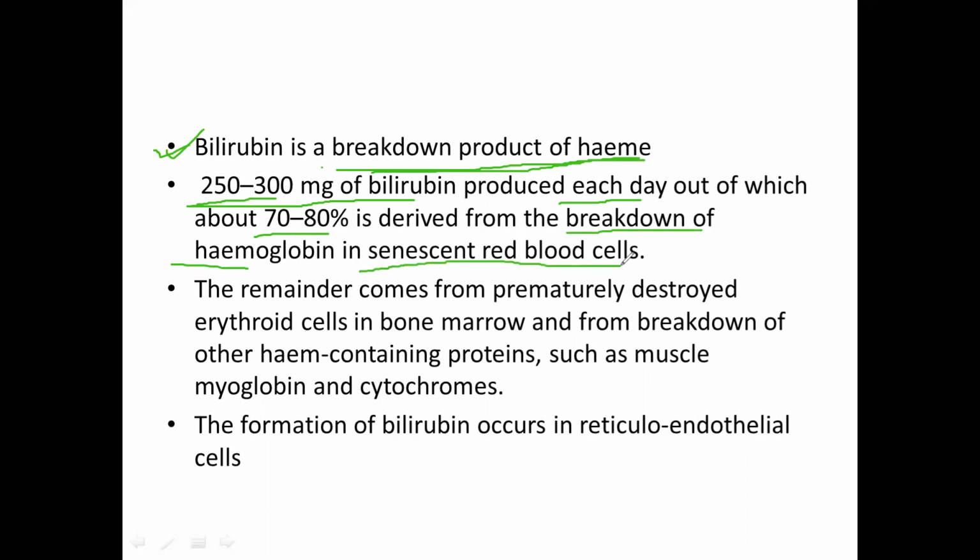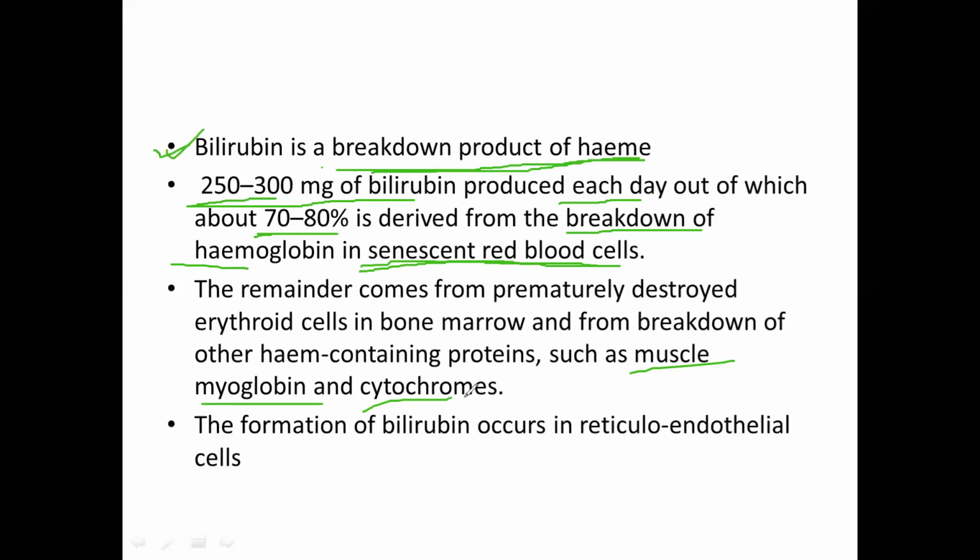Senescent red blood cells means RBCs which are senile, that means they have completed their lifespan. Those RBCs get destroyed in reticuloendothelial cells. From the destruction of these senescent RBCs, nearly 80% of bilirubin is produced, and the remaining 20 to 30% usually comes from muscle myoglobin and cytochromes.